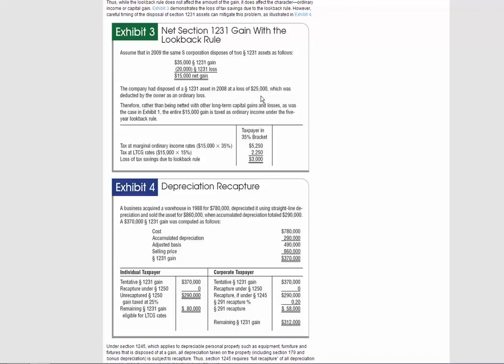So remember, he got an ordinary loss for this whole $25,000 back in 2008, which for us is just the year before this gain. Therefore, rather than being netted with other long-term capital gains and losses, as was the case in Exhibit 1, the entire $15,000 is taxed as ordinary income under the 5-year look-back rule. So basically, got to put that back in. Loss of tax savings due to the look-back rule is $3,000.